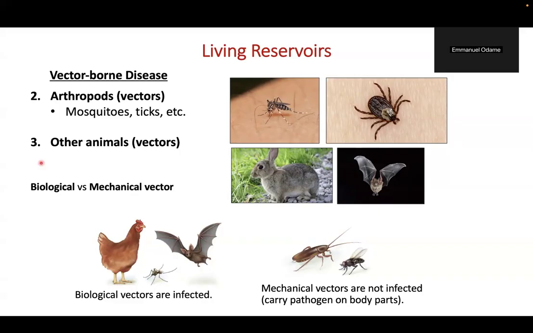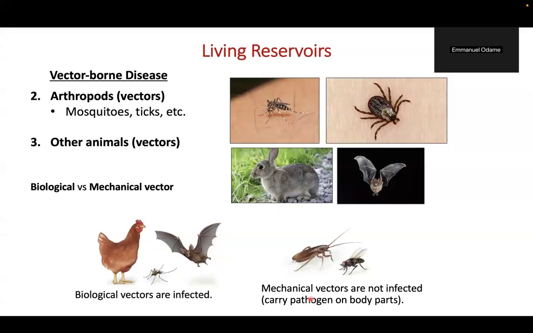And all of what we've been talking about is that the living reservoirs can be spread through both biological and mechanical vectors, right? So the biological vectors are first infected. They can get the infection and they can send it to the next person. The mechanical vectors, they are not infected.